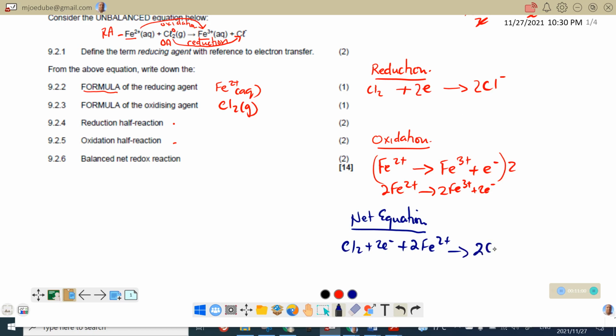You get your 2 chlorides, plus the 2Fe3+ plus 2 electrons. So those electrons would cancel each other out, and then you will be left with your chlorine plus 2Fe2+ giving 2 chlorides plus 2Fe3+.